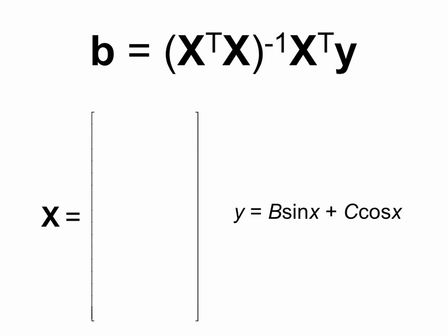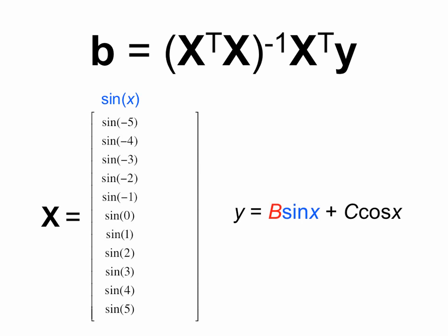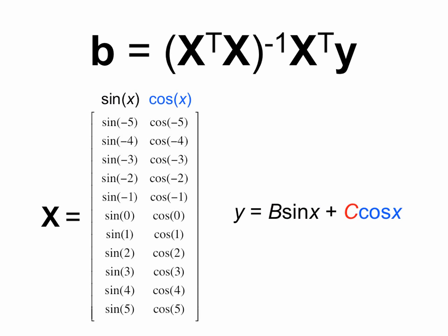So now, if we want to build up a matrix X, our first column is going to correspond to our sine of x, which means that in B, the first row of B will be this parameter b. And our second column will be the cosine x data. So that's x.